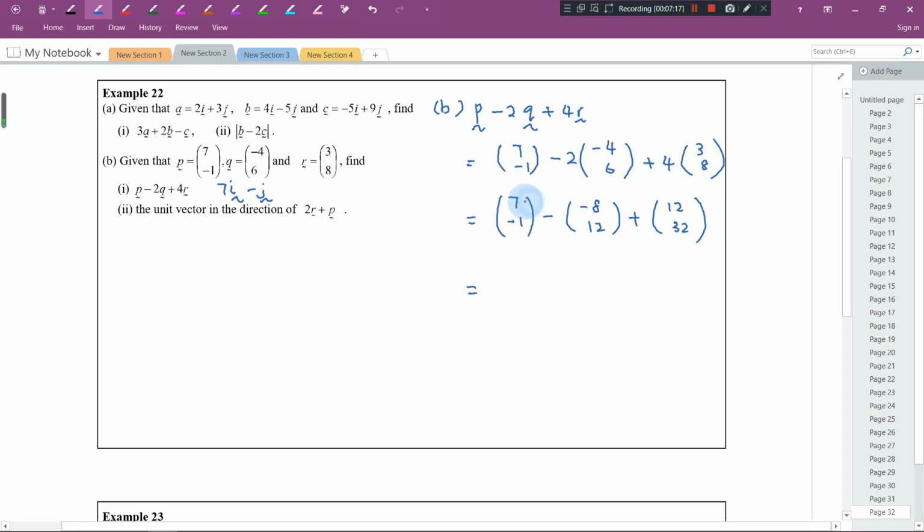Okay, then you can press the calculator. 7 minus negative 8 plus 12. So 15, 27. Okay, and then this is negative 1, negative 12. You will get negative 13 plus 32. 19. Okay, so this is the answer for B1.